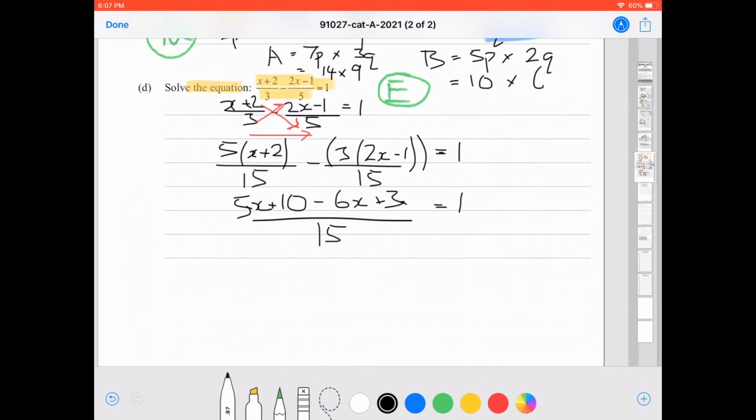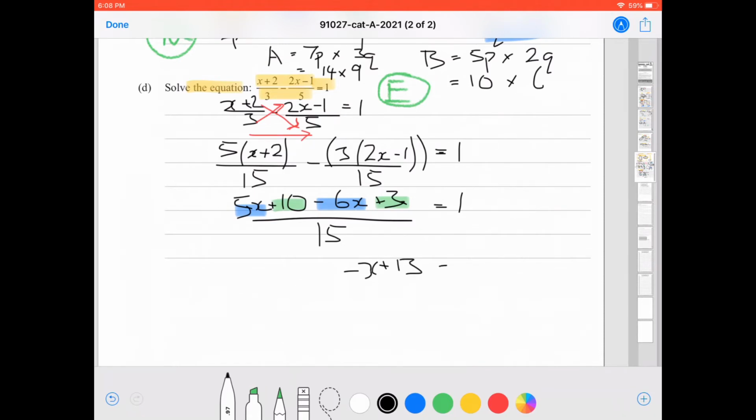On the numerator, let's collect like terms. We've got 5x and minus 6x, and we've got 10 and 3. So we've got minus x plus 13, I believe.